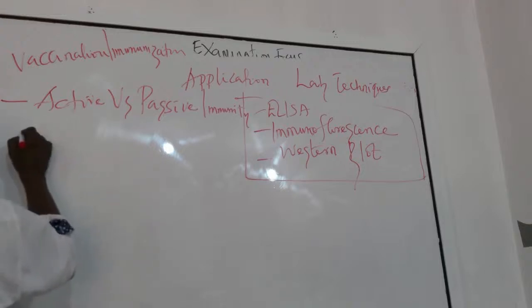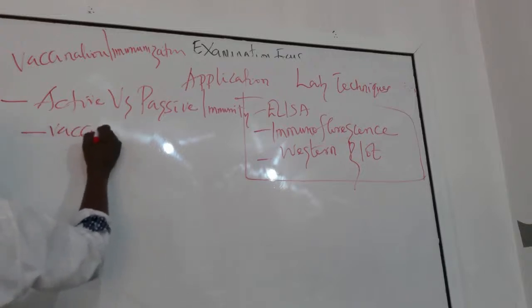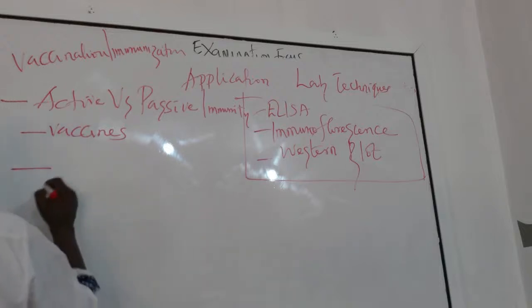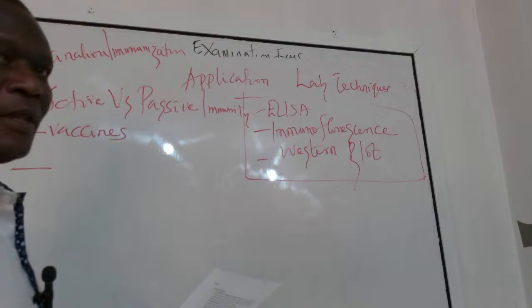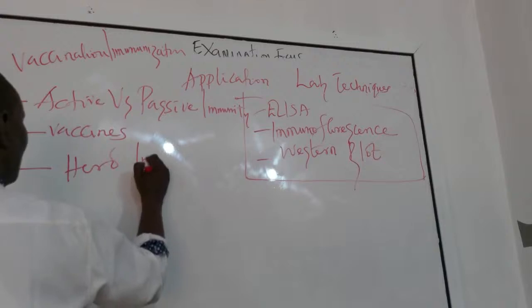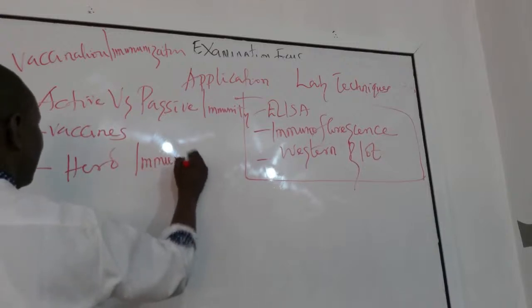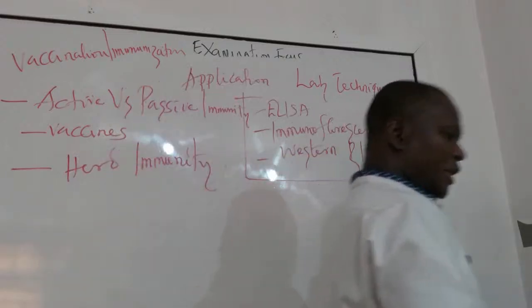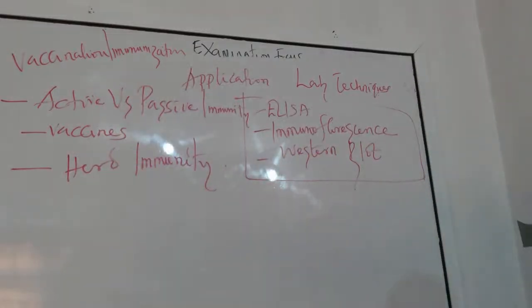You should be able to tell us what vaccines are, what they do, and the history of vaccines. Give us the background very briefly. Then apart from that, you should be able to come up with what we understand by herd immunity. What do we mean when we talk about herd immunity? That should be your point of focus as well.